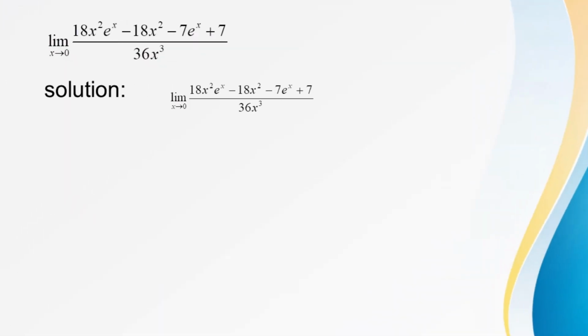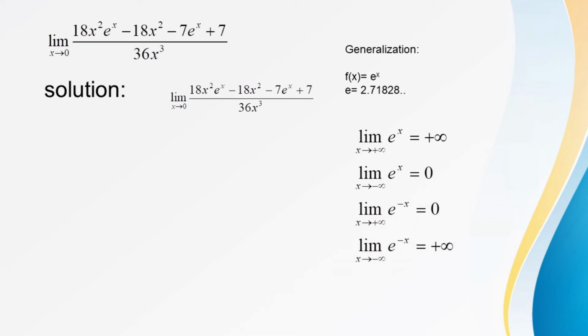So what you do first is look at our generalizations again in order to come up with the function e to the power of x minus 1 all over x, which has an evaluation equal to 1.